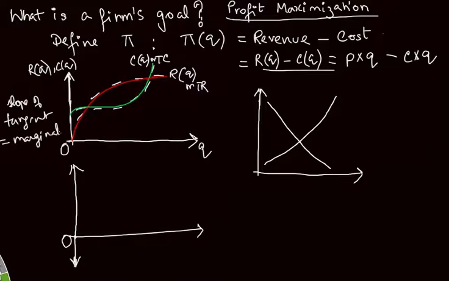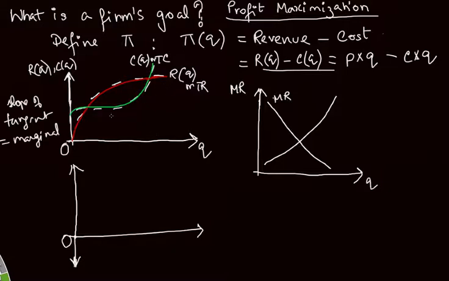That means the slope of the total revenue curve, this red line, is the marginal revenue curve. And as you can see, marginal revenue decreases, the slope of this red curve decreases as Q increases. So if we want to plot marginal revenue against quantity, then we know as Q increases, marginal revenue decreases. So this curve is the marginal revenue curve.